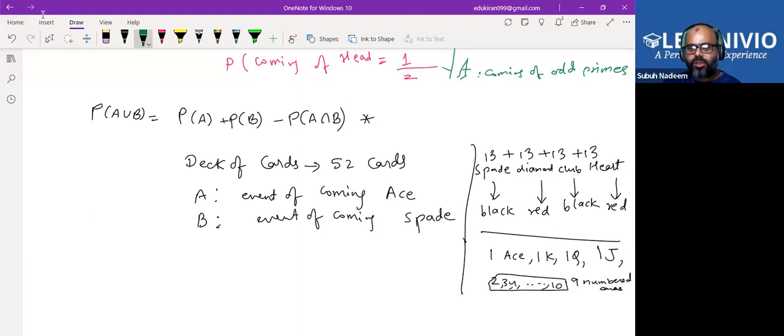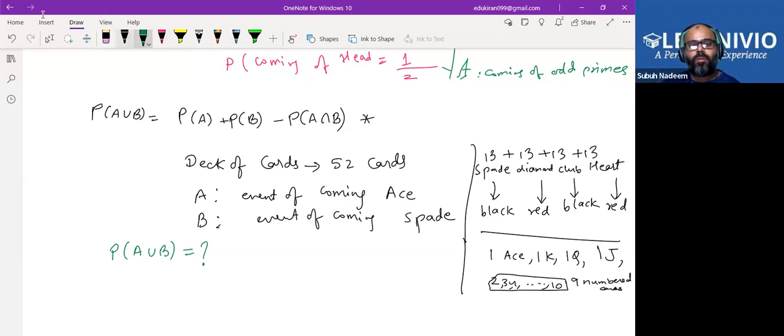Now, if someone asks you what is the probability of getting A union B, how would you find it out? Let's try it. Sir, first I have to find the probability of getting ace. Hmm. And then after that, we have to find the probability of getting spade. Hmm. Then after that, intersection.